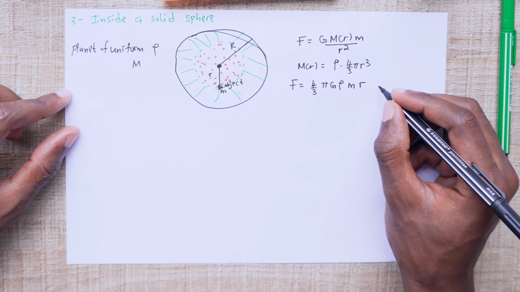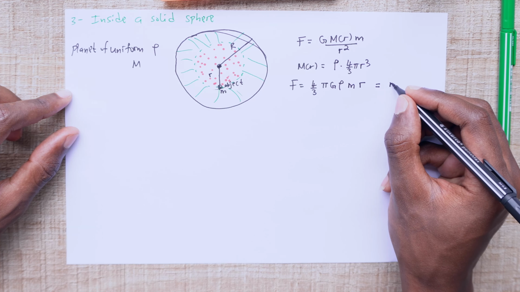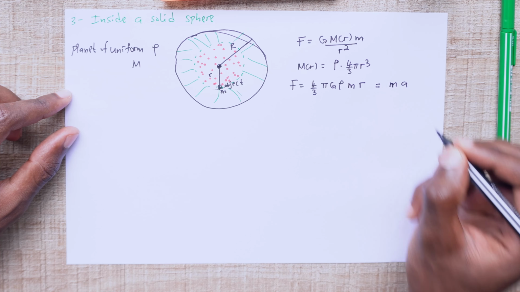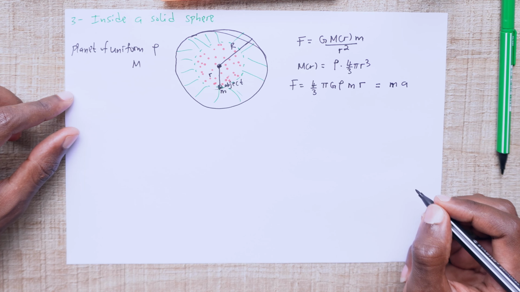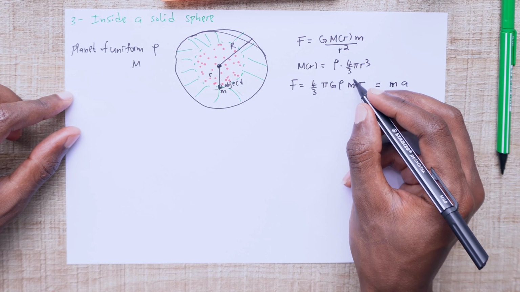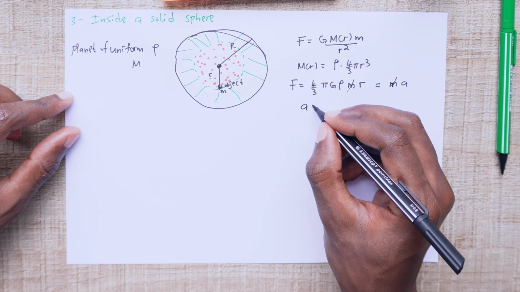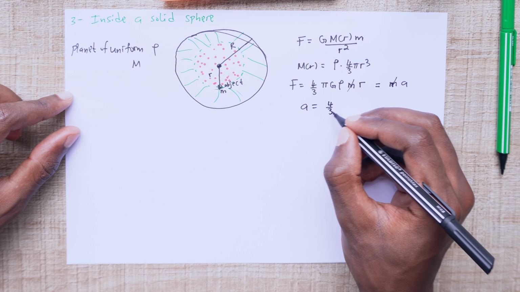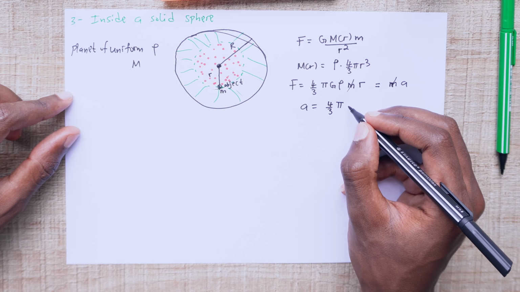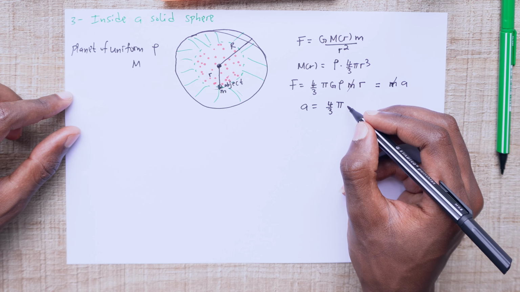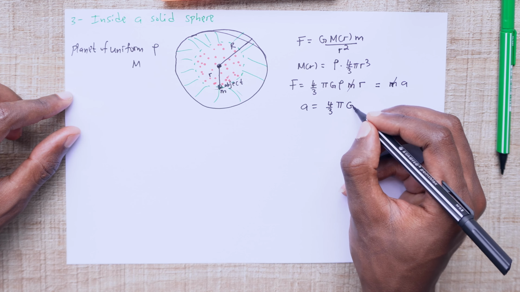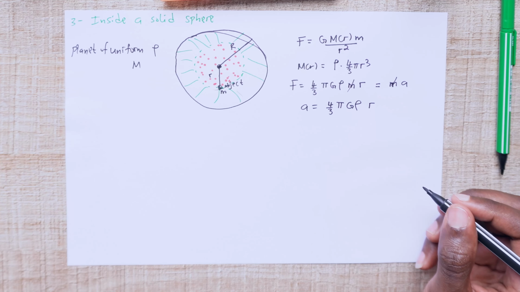But then, according to Newton's law, this is equal to a mass times an acceleration. So it means that if the m's cancel, the acceleration is 4/3 pi g rho r.